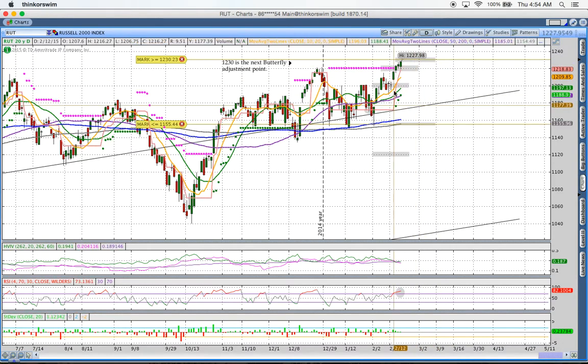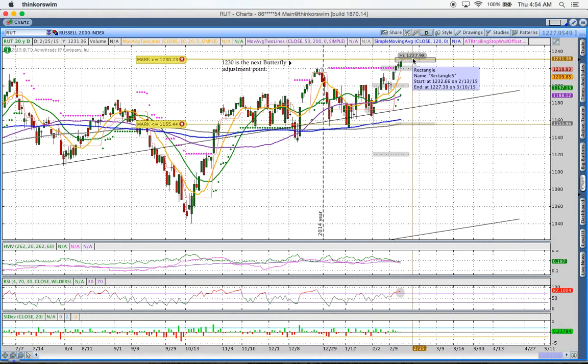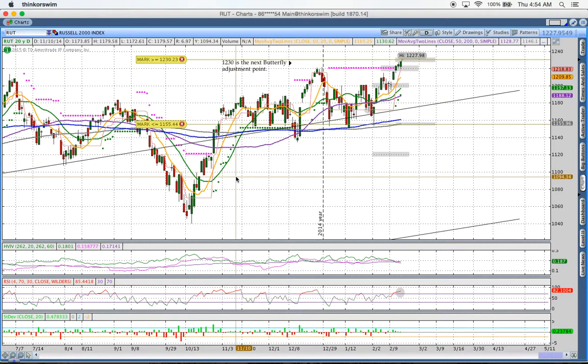So this is kind of the window that I'm working with. And the Russell has just moved up, and we're right up around the top again. So the next step is going to be to push the upside a little bit higher, move it back out to about 1240 or so, if that's possible, and see what we can do from there. I guess it is possible.